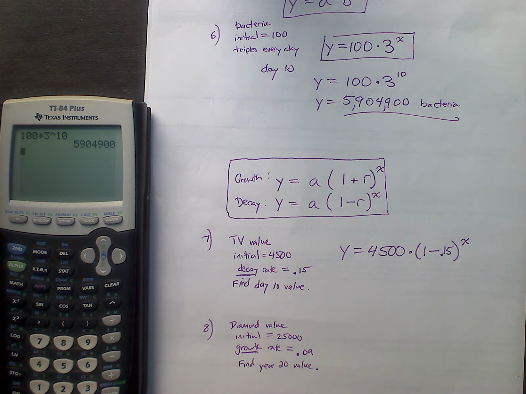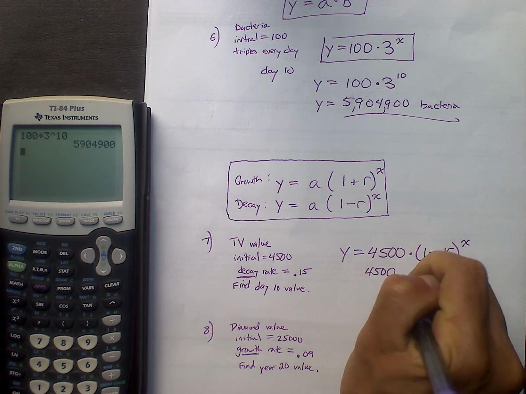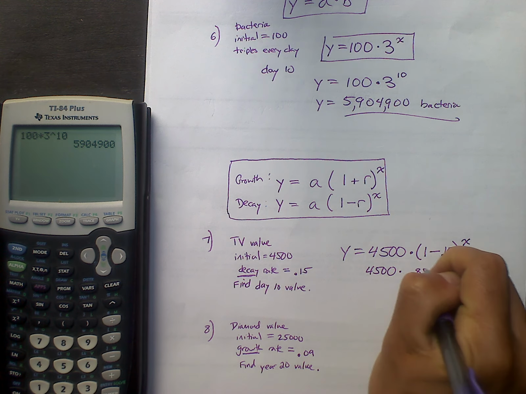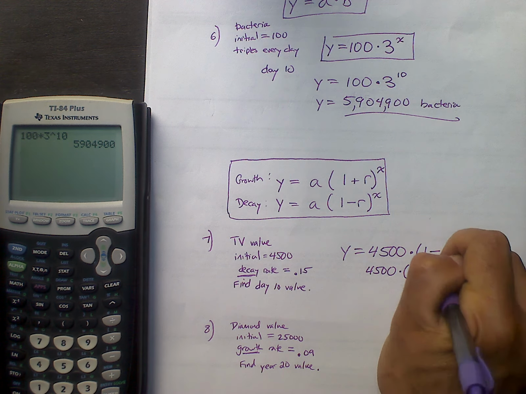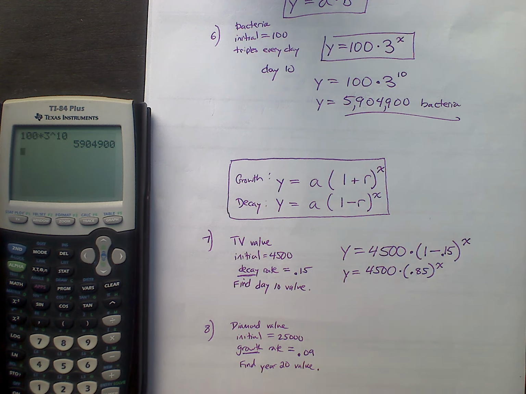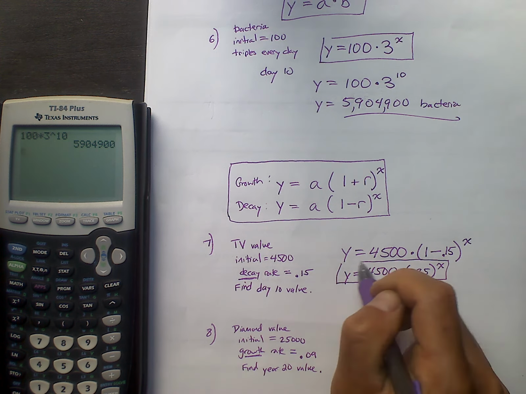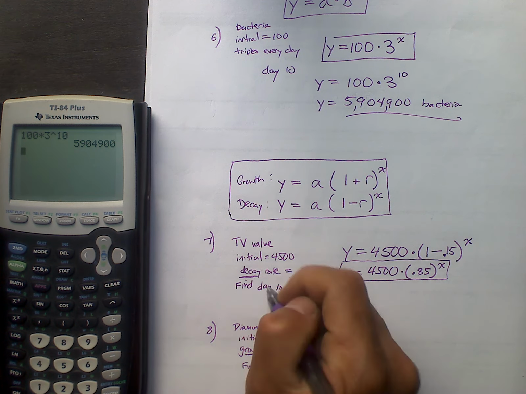So it starts off with 4,500, decays 15%. So in other words, it keeps 85% of its value. So that's why the value is going to decrease each year, because this is less than 1. All right, so this represents the equation to find the value on year x.